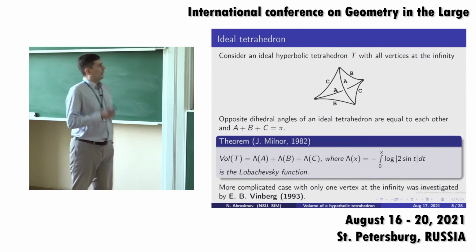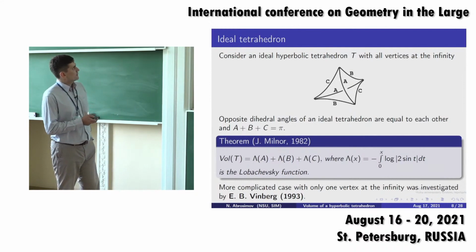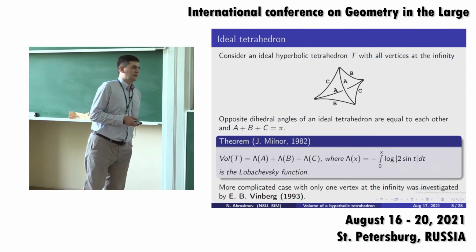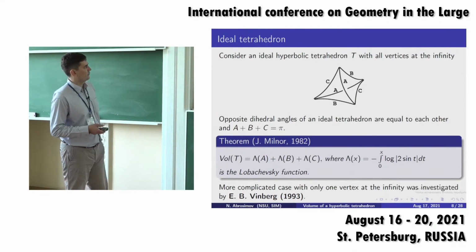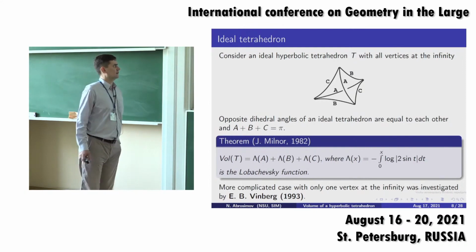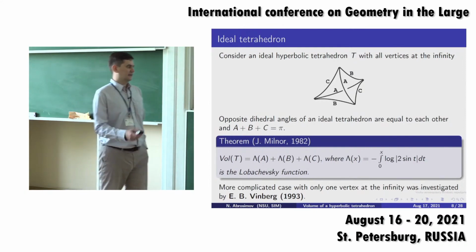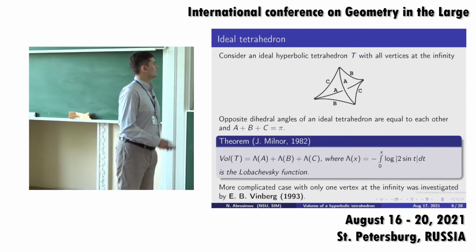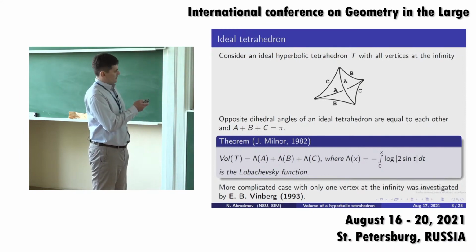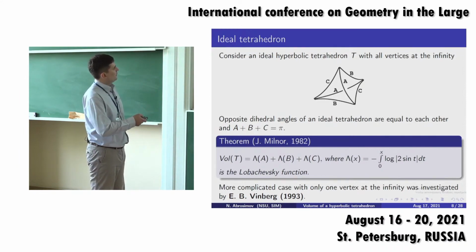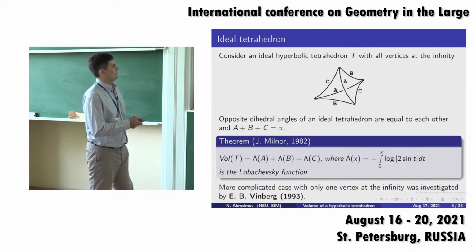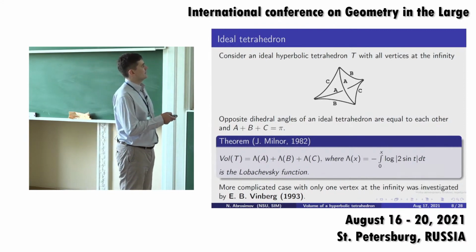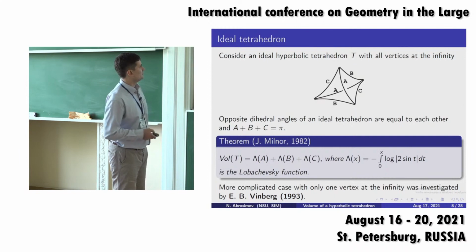The following formula was given by Milnor, so he found a very simple and elegant formula for the volume of an ideal tetrahedron, which was originally computed by Lobachevsky. It is just a sum of 3 Lobachevsky functions, and the arguments here are dihedral angles A, B, and C. And the Lobachevsky function is defined here.